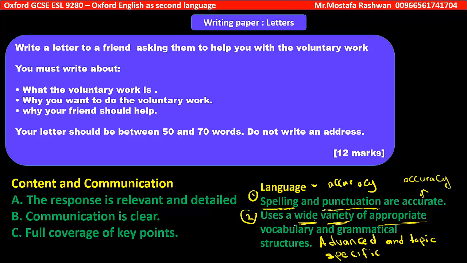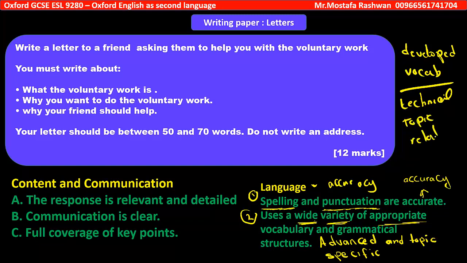Your vocabulary must be developed, so you should use a developed vocab. In addition, your vocab must be technical and related to the topic. You should show the examiner that you are expert in using vocabulary.